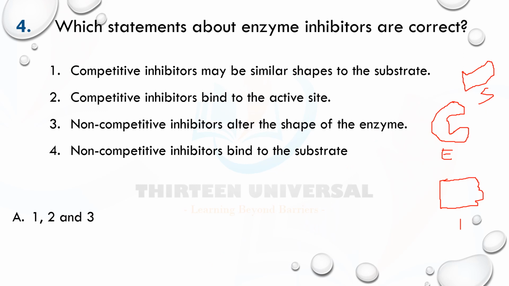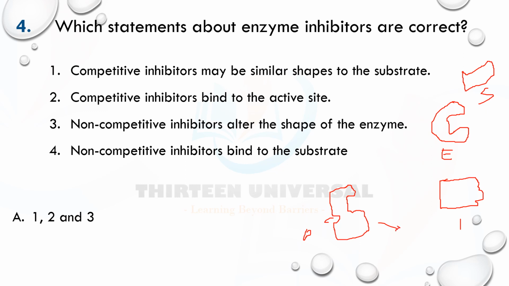If you look at non-competing inhibitor, if this is enzyme, this is allosteric site. Now this is the active site. So when a non-competing inhibitor binds to the allosteric site, it's going to alter the shape.